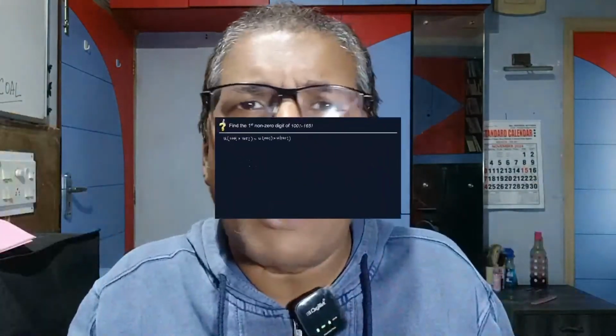Finding the first non-zero digit of factorial 100 into factorial 165 is the same as finding the first non-zero digit of factorial 100 multiplied with the first non-zero digit of factorial 165. And from there we can find the first non-zero digit of this final product.